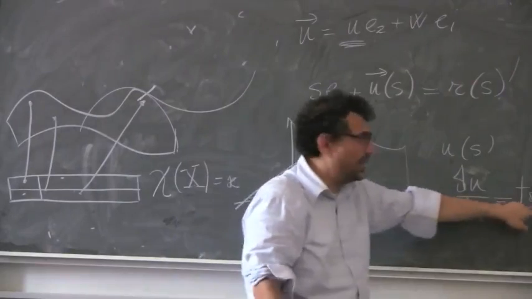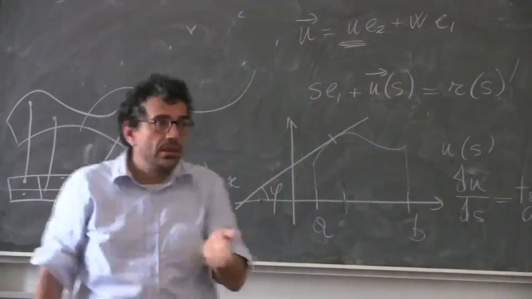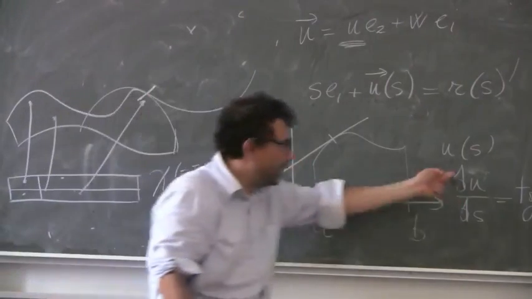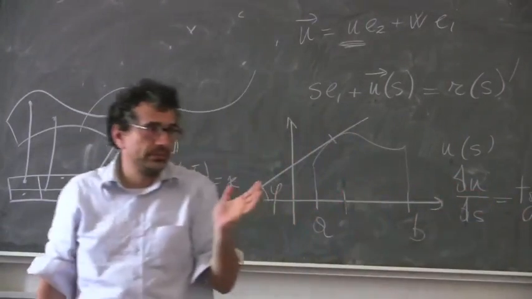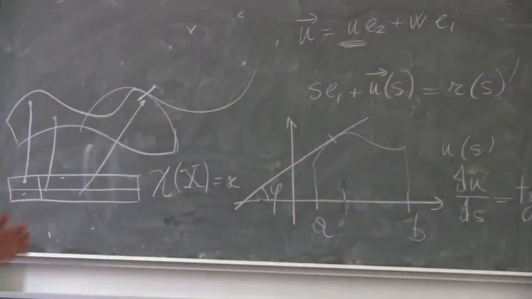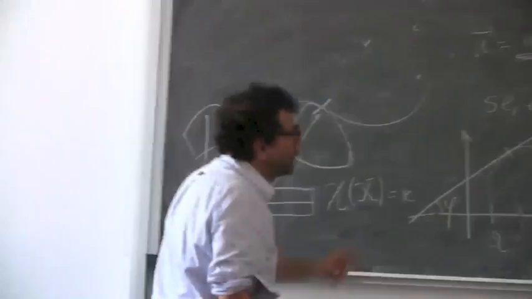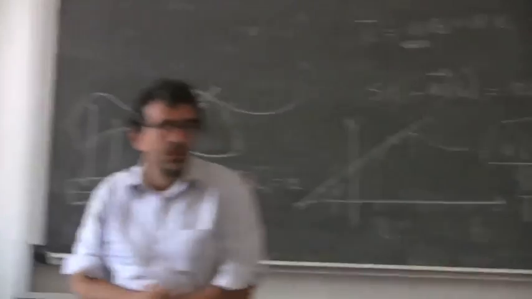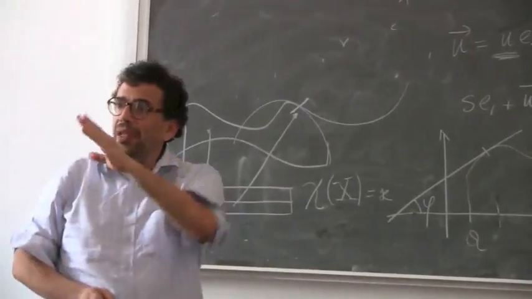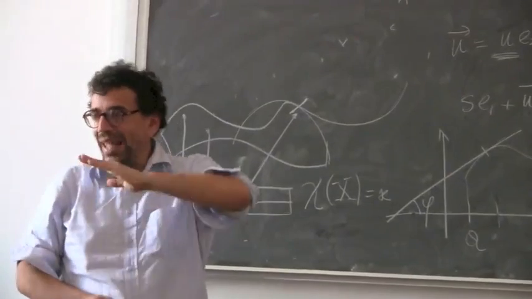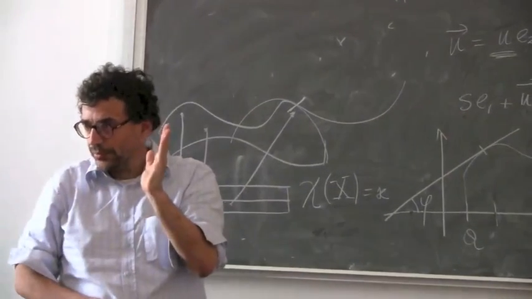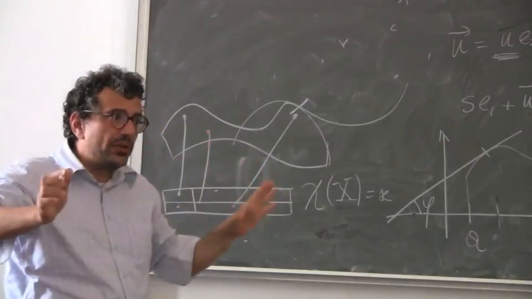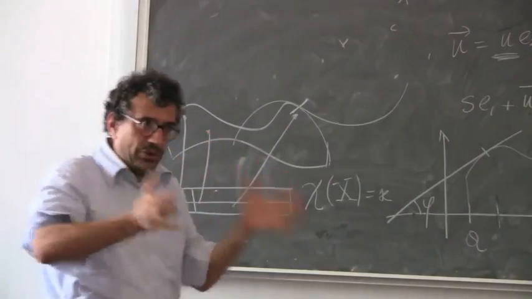This derivative is the tangent of phi. You calculate arc tangent of du over ds and you find phi. Okay? So when you know the displacement u of s, you know every rotation of every section, okay, and you know the shape of the mean curve. So you know everything about your beam.